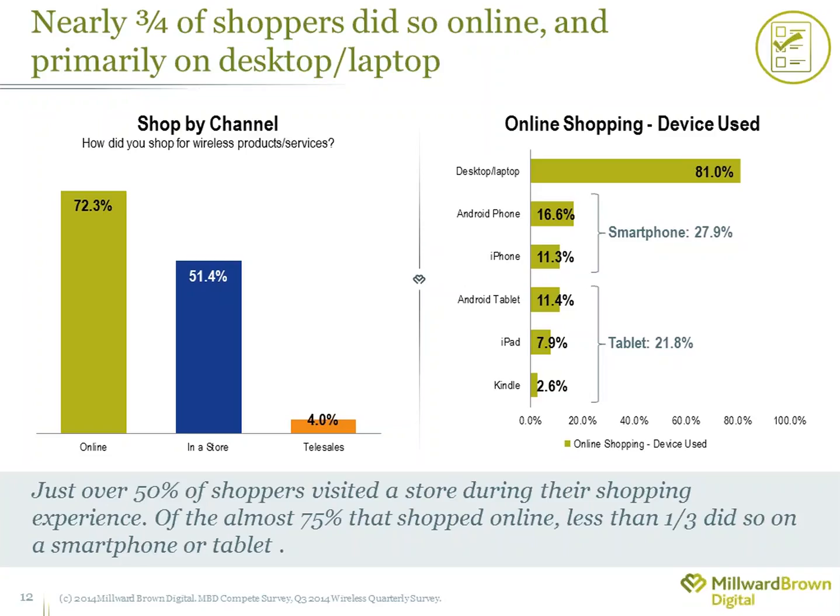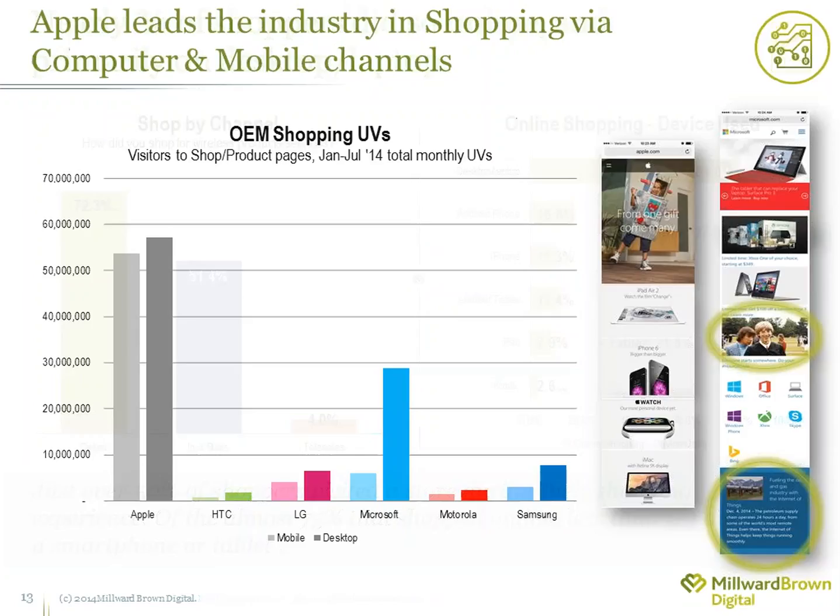So that's a little bit of a setup to lead us into looking at this clickstream data. The idea was to see that a lot of the shopping activity is happening online. And so to look at that in a little bit more detail from the clickstream side, first looking at the OEM brands that we were looking at earlier, we wanted to see the comparison of the type of traffic that they're getting to shopping product pages on desktop and mobile devices.